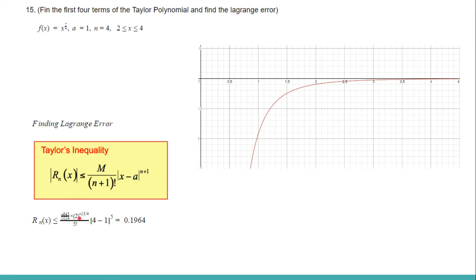Next, you would most likely be using a table of values, like you did in the last problem, to find out what the value of f to the n plus 1 is at x equals 2, which gives you this value, and then n plus 1 equals 5. And then once you plug that into your calculator, there you go.